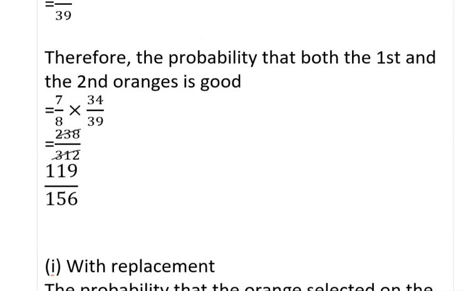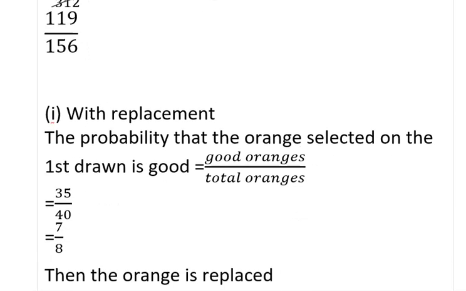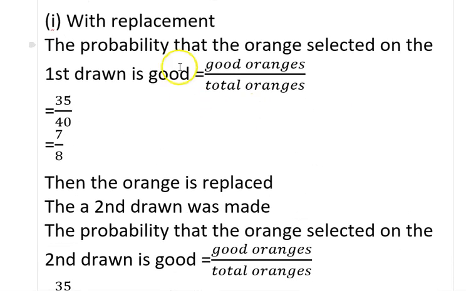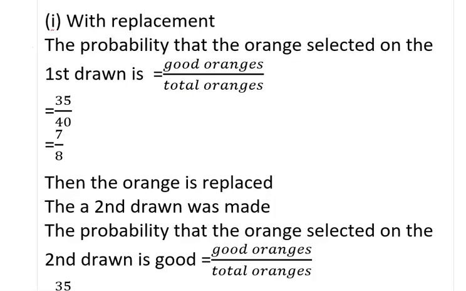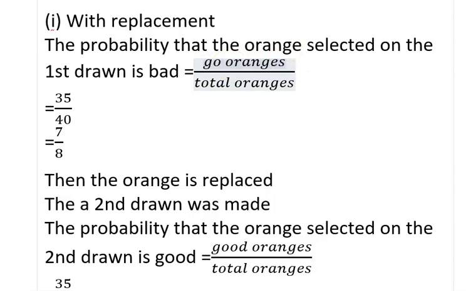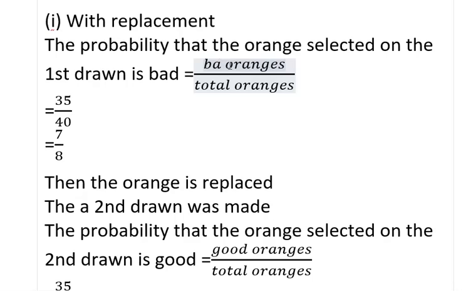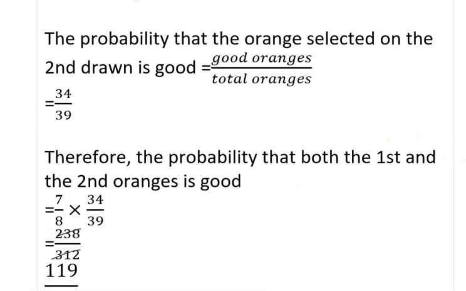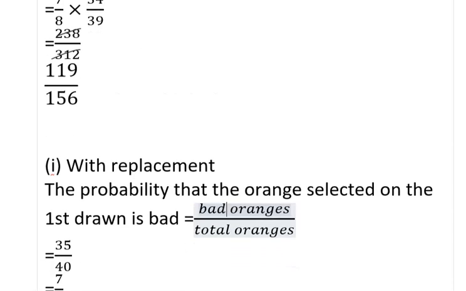With replacement, the probability that the orange selected on the first drawn is bad will be bad oranges over total oranges. You need to be very careful. Hope we are using the right one. I think yes.